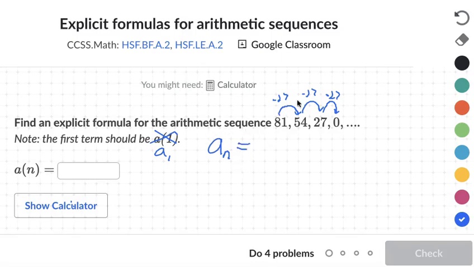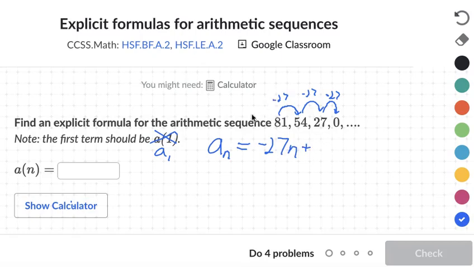Okay, to write our explicit formula, we're going to start with this rate of change, or this common difference, and multiply it by the term number. Now, this isn't correct yet because notice if we plug in the number 1, negative 27 times 1 does not equal 81. So we need to make an adjustment here. To find out that adjustment, we'll be adding something here.